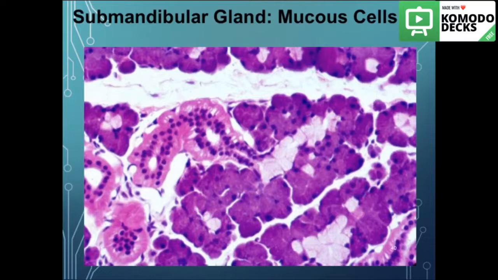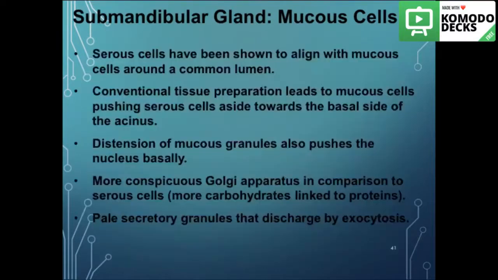We see also the striated ducts here. So the serous cells have been shown to align with the mucus cells around a common lumen, while because of conventional tissue preparation, the serous cells are pushed aside towards the basal side of the acinus, giving the look of a demilune.